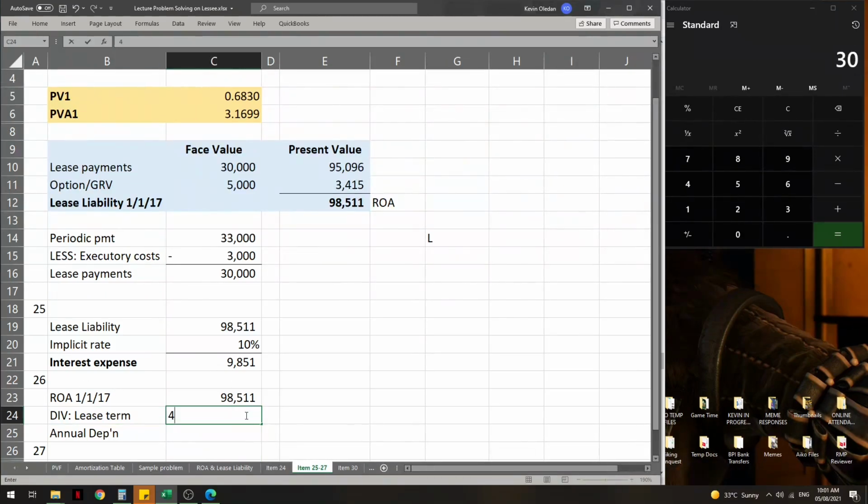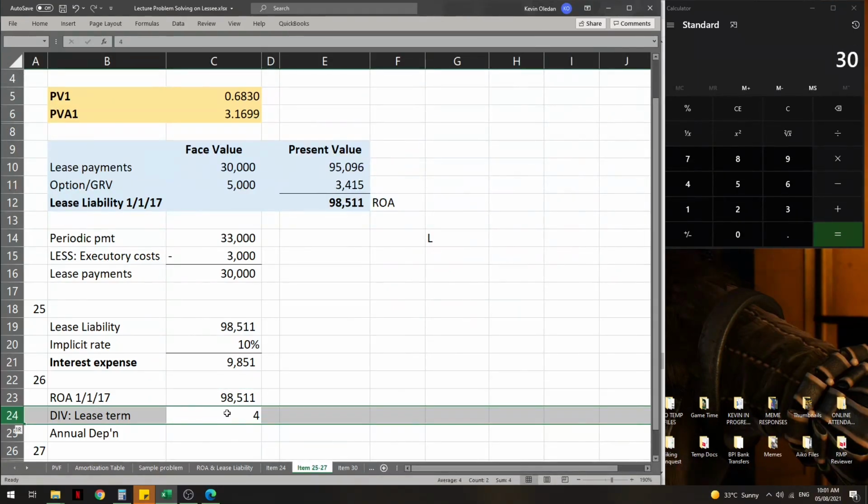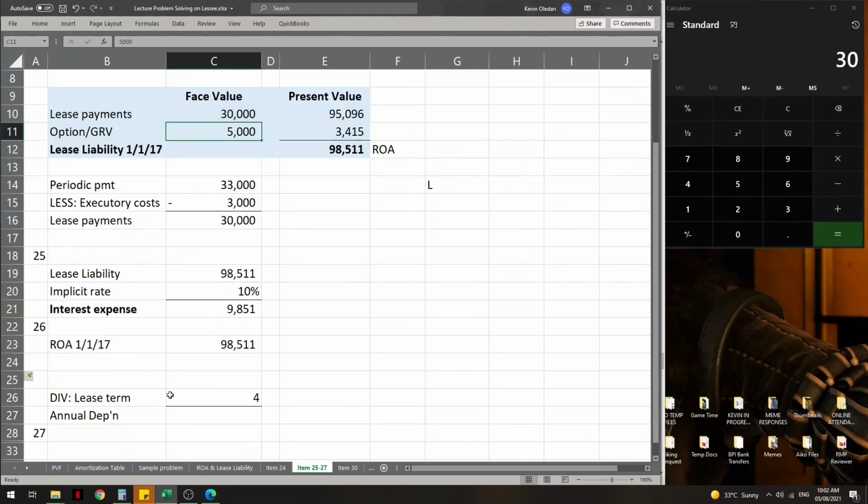So yun po, 4 years ang lease term. Pero, may pero pa dito. Guys, remember earlier, we have a residual value. So, before we proceed, we need to insert here the guaranteed residual value so that we can get the depreciable amount. Okay?